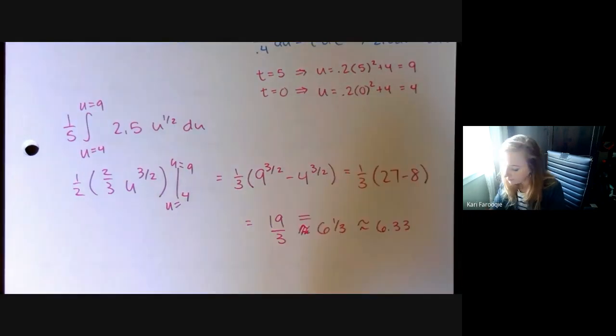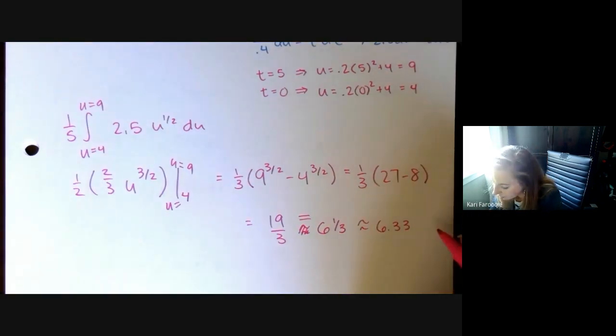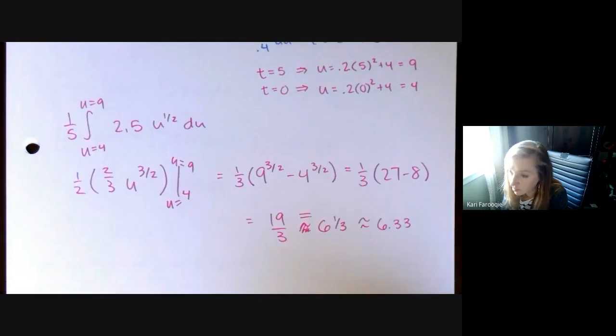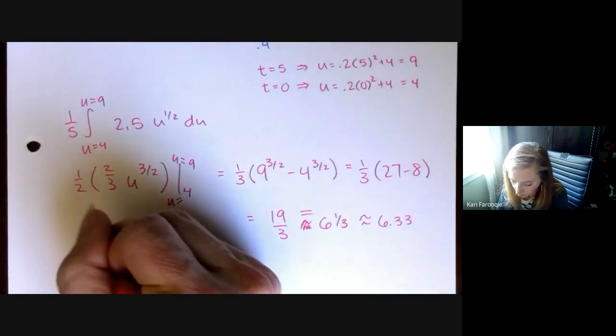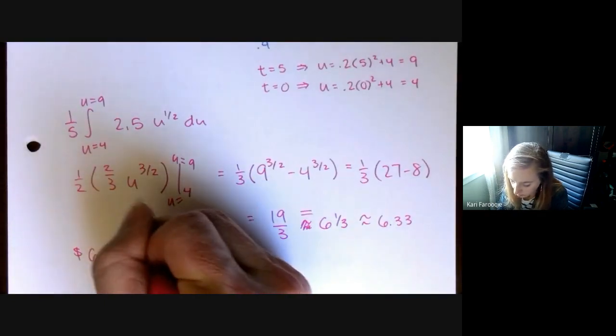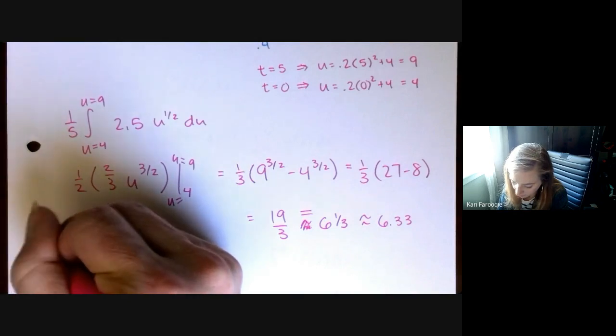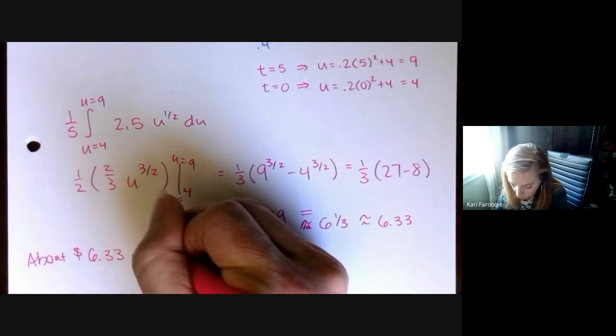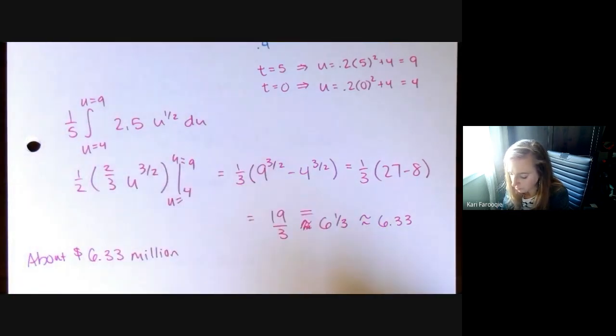Okay. Let's write this on the next line. I'm running out of space here. We're going to say it's about $6.33 million. And you can leave that like this. I mean, officially we'd have to go 6,333,333.33, and that's crazy.